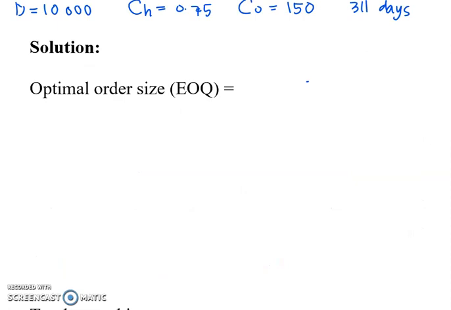Now, the optimal order size is actually the EOQ, economic order quantity, so we can use the formula here. The formula is the square root of 2 times the ordering cost times the annual demand, divided by the holding cost. Just substitute all this information into the formula.